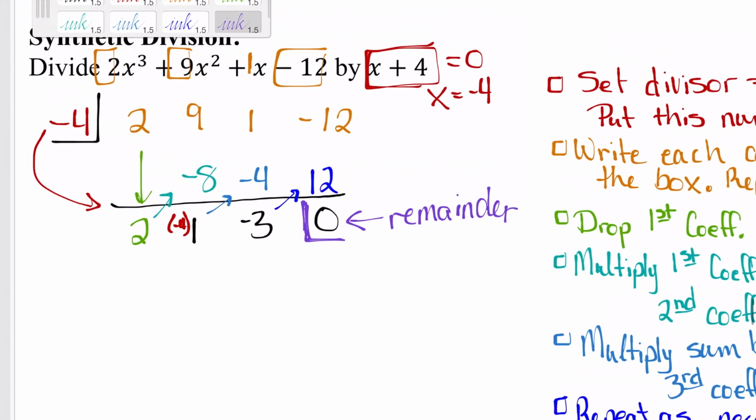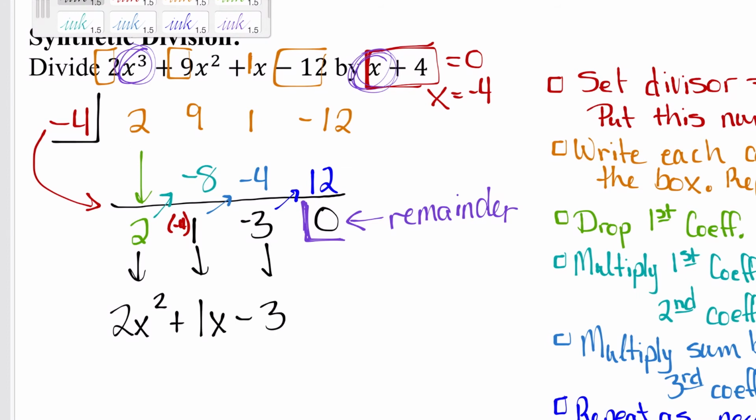Because we started with an x cubed and we divided out an x, that means that I now have a 2x squared. So x cubed divided by x gives us that x squared plus 1x minus 3. So using all of these numbers here as my new coefficients.